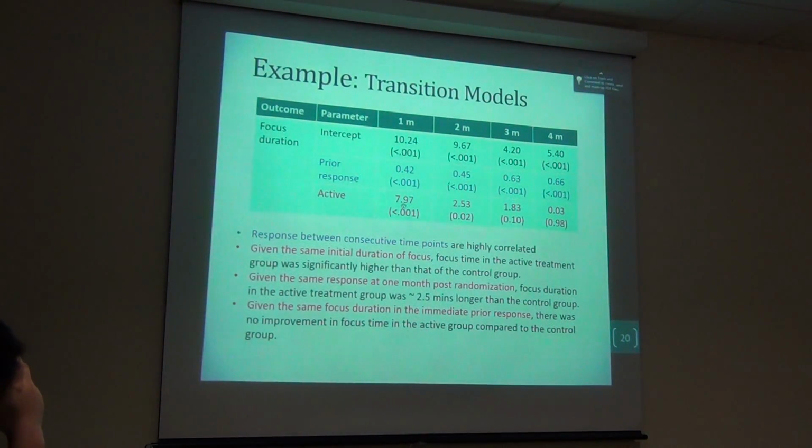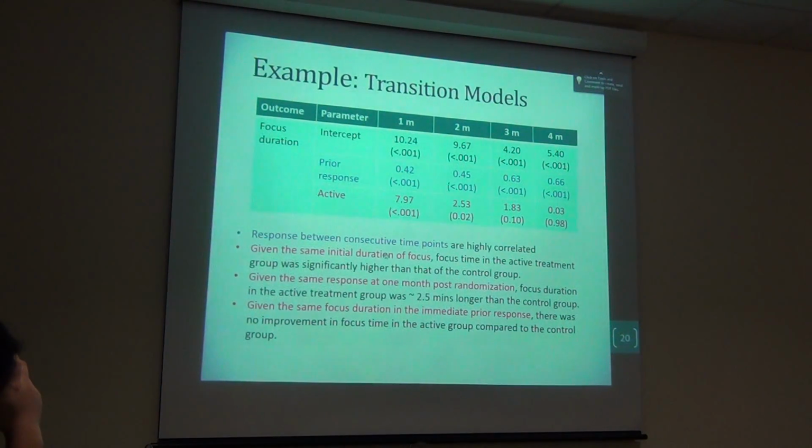So here you can see the effect conditional on the previous time point, but you can't get a cumulative effect like you would in the separate models I showed earlier. If what you really want to know is the additional effect based on the immediately prior response, then this is an appropriate model.